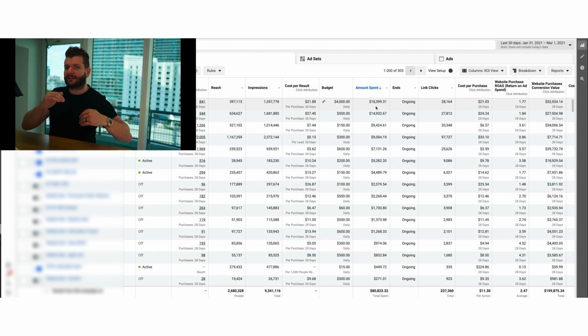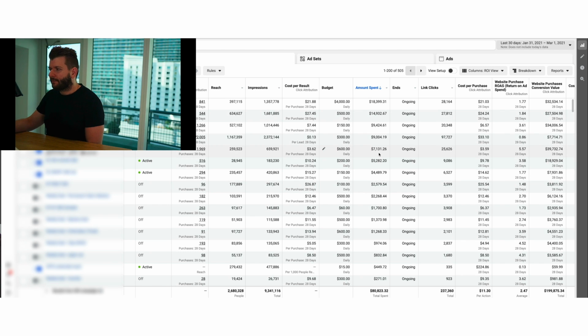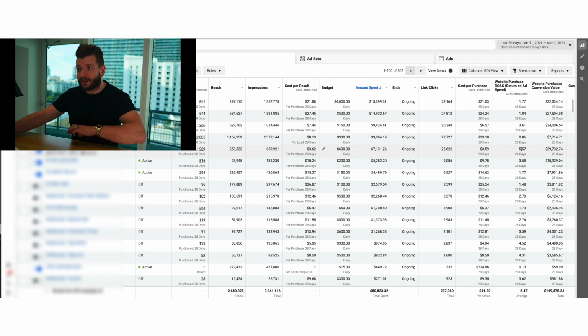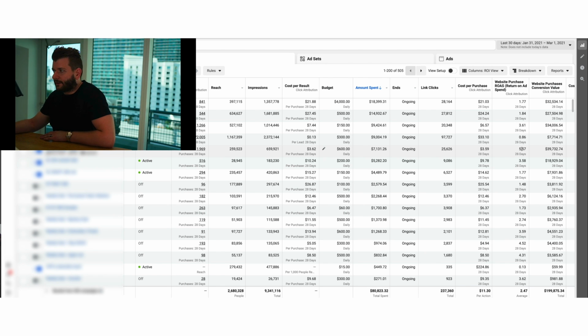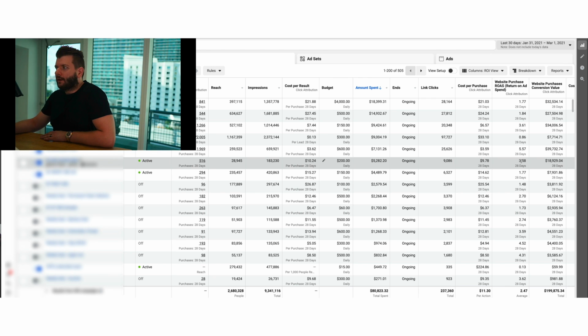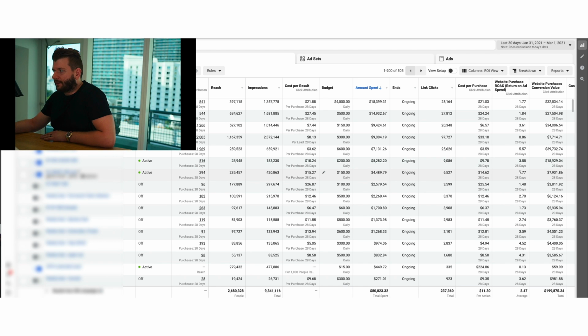I prefer to have fewer campaigns, but the way they approach it here, for example, they have this retargeting campaign. We had certain items out of stock for a week, and then we retargeted everyone with restock ads. Then we have dynamic product ads in here, retargeting everyone on the pixel.